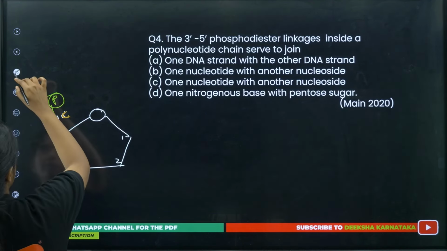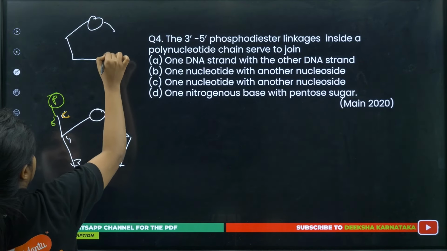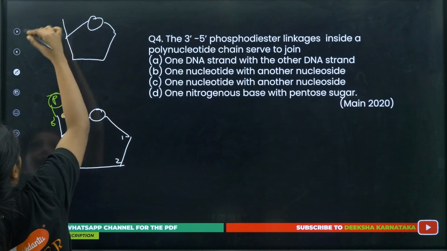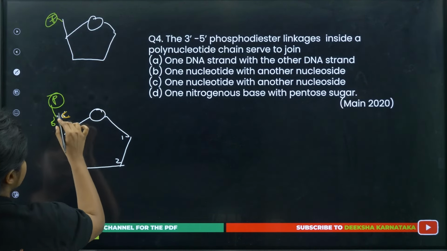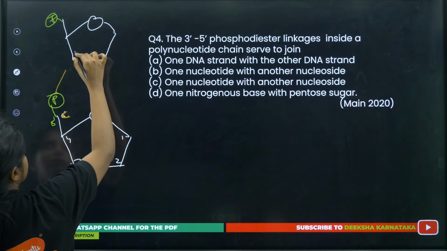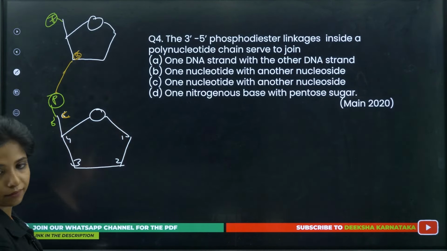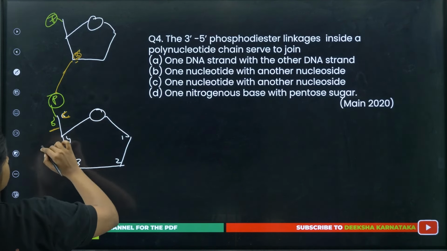But what happens is that there will be another pentose sugar over here. Same thing happens over here. It will also have a phosphate group attached. But this phosphate is not free. It attaches to the 3rd carbon over here. So this is 3' and this is 5'.